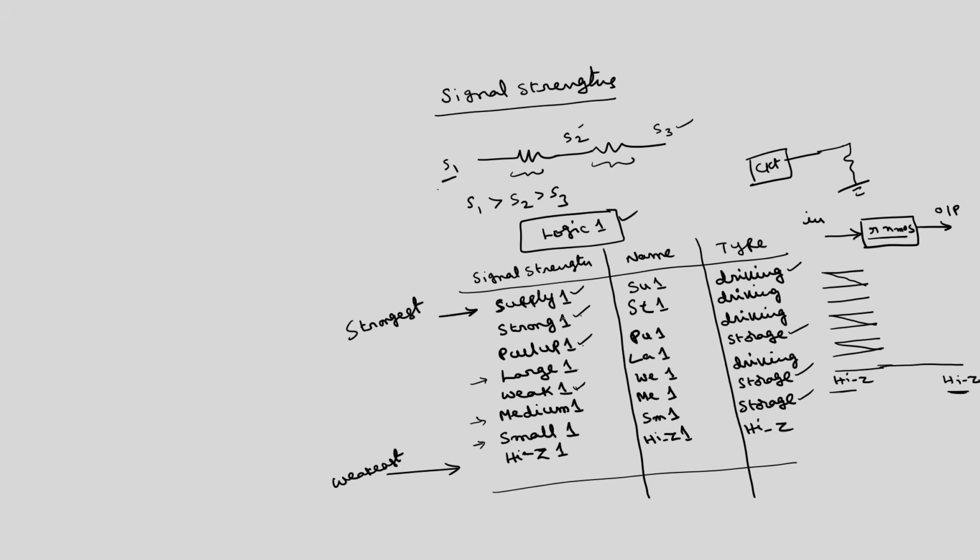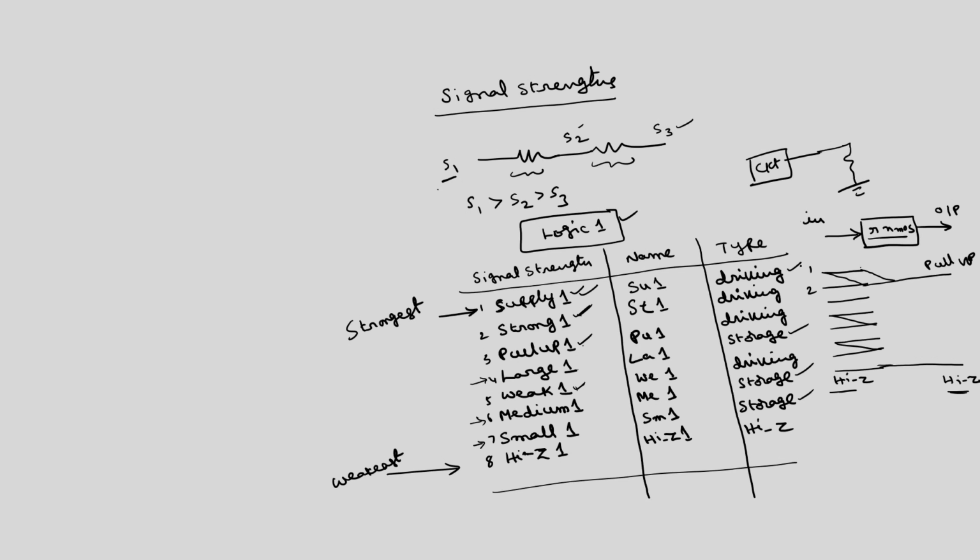Whereas, here this is the order that I have given. If I call these 1, 2, 3, 4, 5, 6, 7, 8, the levels 1 and 2, which are supply 1 and strong 1, will give pull up as the output.